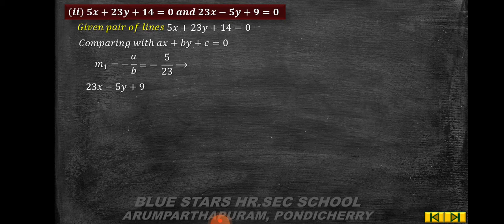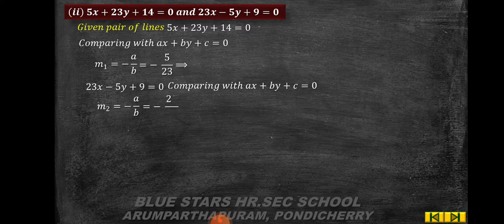Then the next line is 23x minus 5y plus 9 is equal to 0. Comparing with ax plus by plus c is equal to 0, m2 is equal to minus a by b. Here the value of a is 23 and the value of b is minus 5. So minus of 23 divided by minus 5, minus into minus is plus. So m2 is equal to 23 by 5.